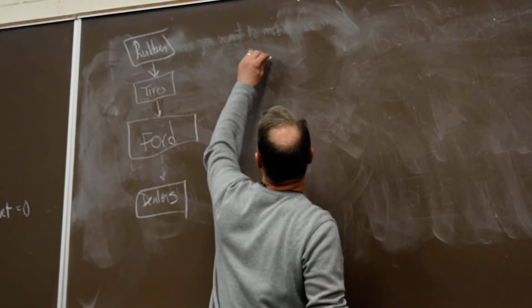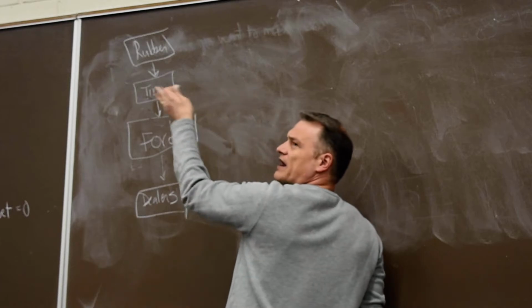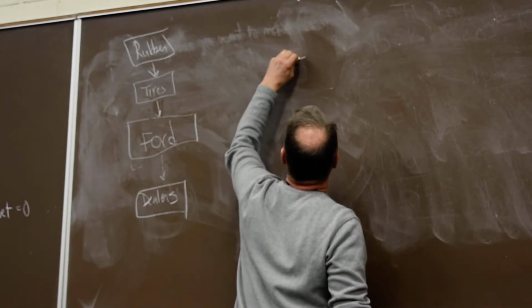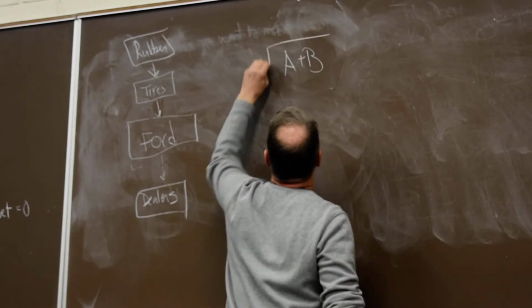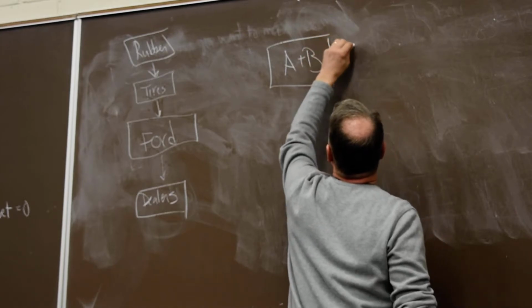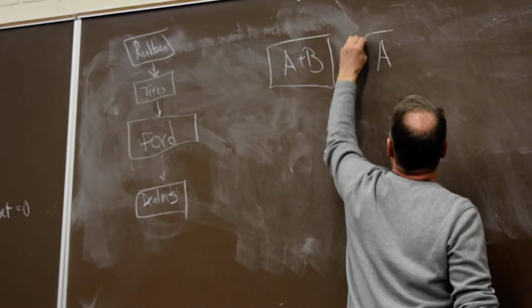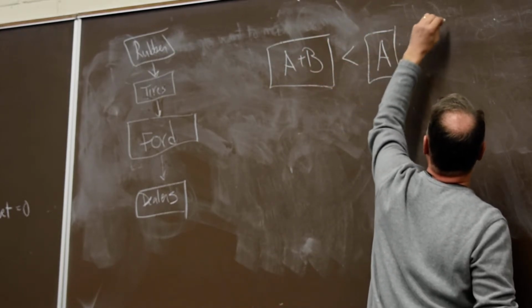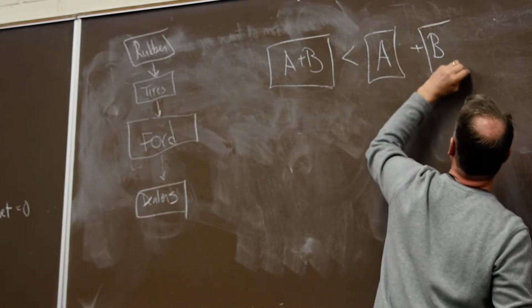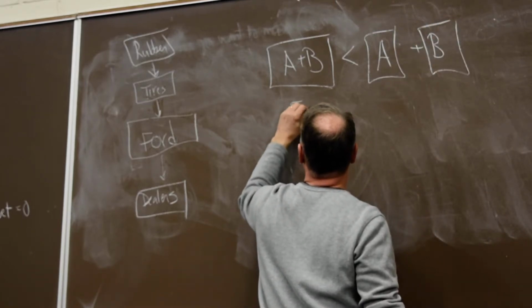Remember, economies of scope means that if there are 2 products, A and B, the cost of producing A plus B within one firm is less than the cost of one firm producing good A and another firm producing good B. This is called economies of scope.